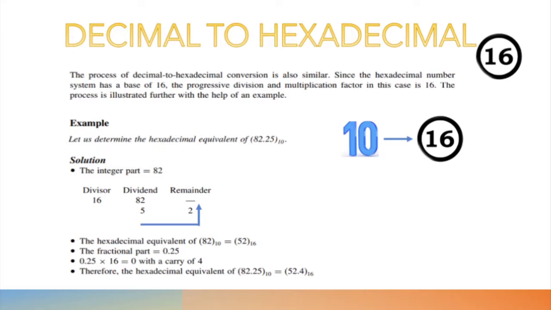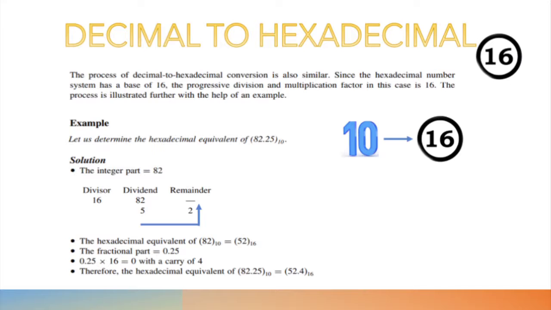Next, we have to convert the fractional part, that is 0.25 to the base 10, to its hexadecimal equivalent. By following the rules, we have to multiply 0.25 with 16. By successively multiplying the fractional part of the decimal number by 16 and recording the carry until the result of multiplication is 0, we get the answer 0.4 as the equivalent of 0.25.